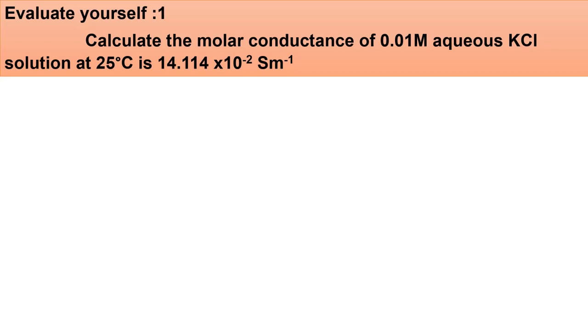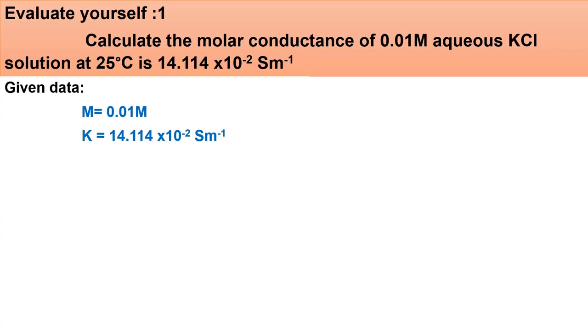So what are the given data? The molarity is 0.01 M and the specific conductance, that is the kappa, is 14.114 into 10 raised to minus 2 Siemens meter inverse.